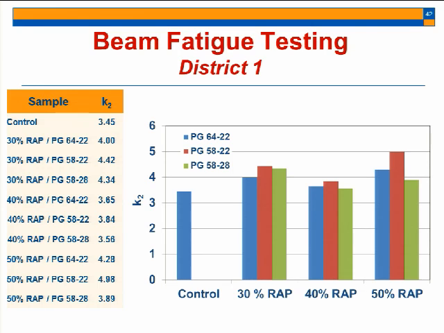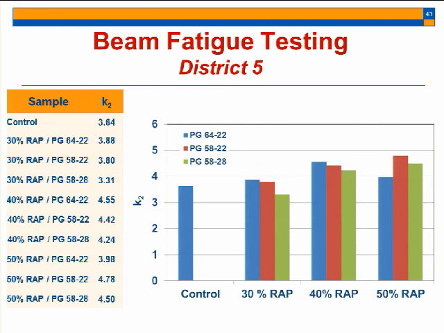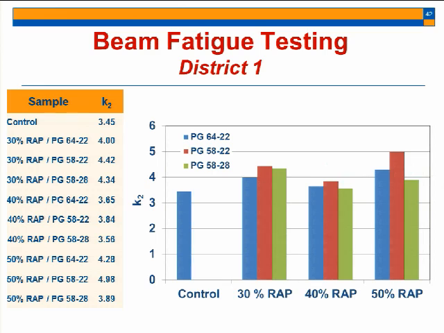As we can see, apart from 40% RAP, where there is a kind of a ditch, we can see an increase in the K2 values with increase in the RAP. As far as single bumping is concerned, we also see the improvement in K2 values when we go from the PG 64 to PG 58-22, and this is consistent for both District 1 and, as I can show you, for one of the District 5 material.